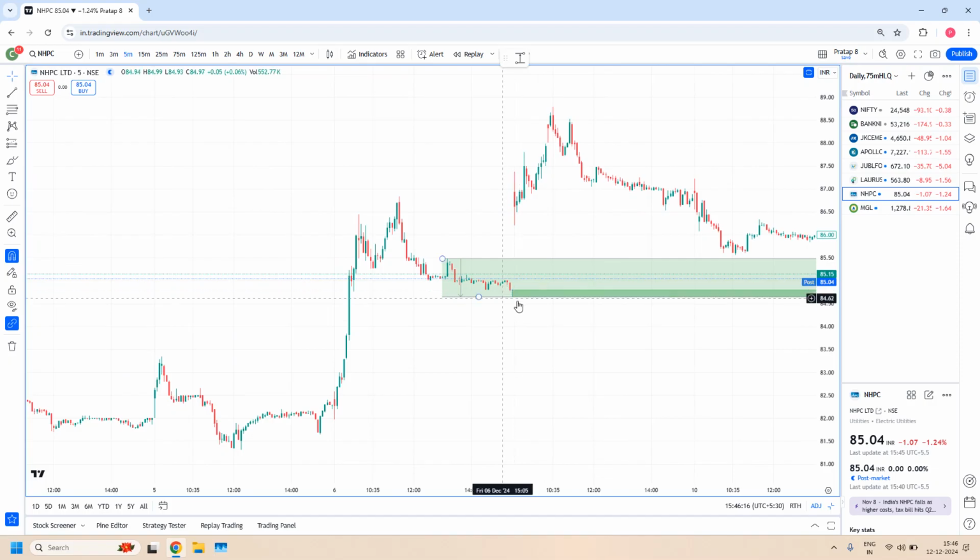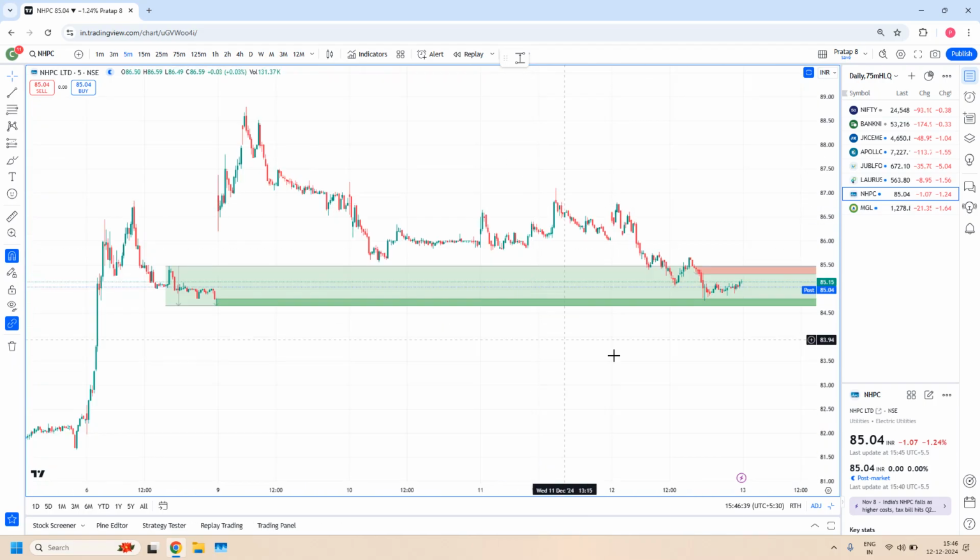Because this is not a fine-tuned 5 minute zone. Without 15 minutes, we have drawn the 5 minute zone. Many times such kind of zones will be violated unless there are strong price action clues. Maybe it could be a high liquidity zone, 5 minute zone, or it should be having some rejections from near the zone, or maybe pro gap. That is what we have, a pro gap from this zone.